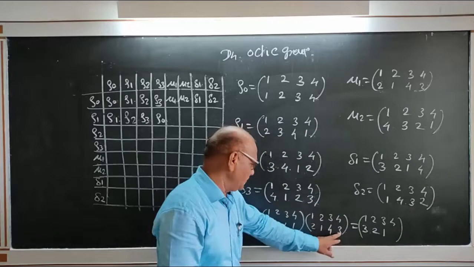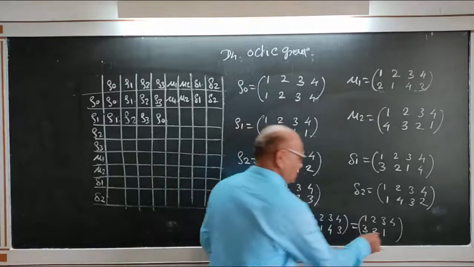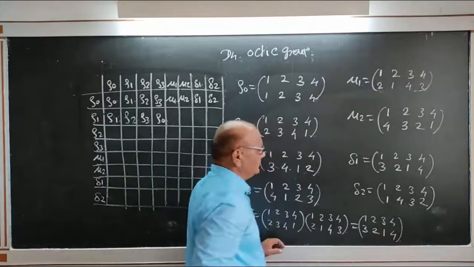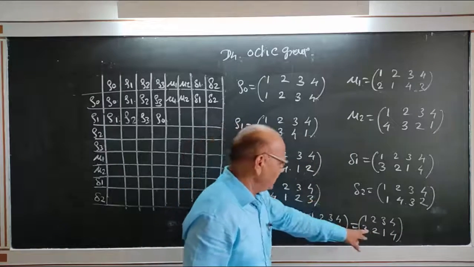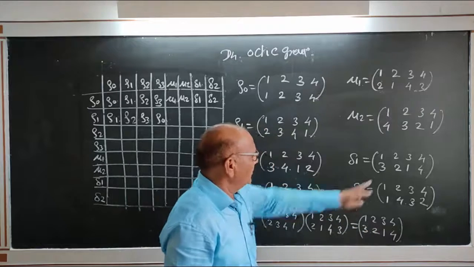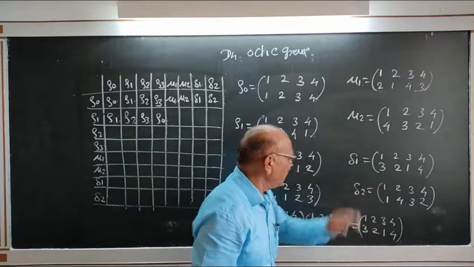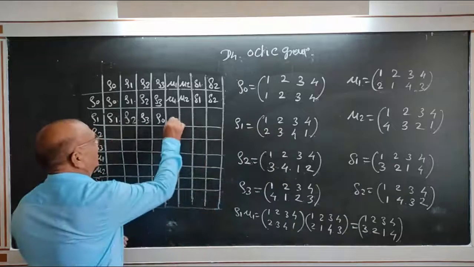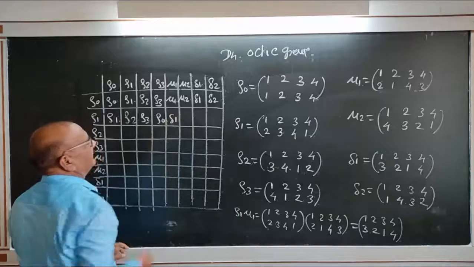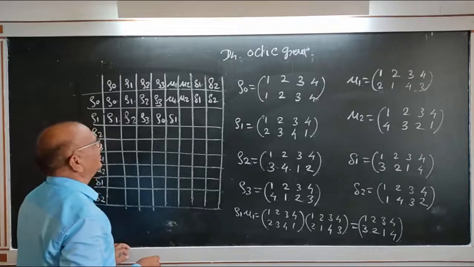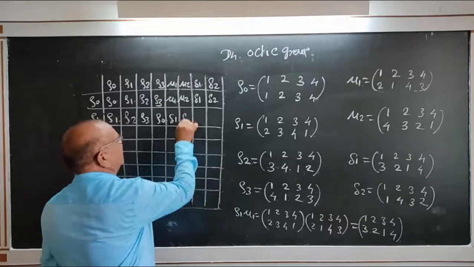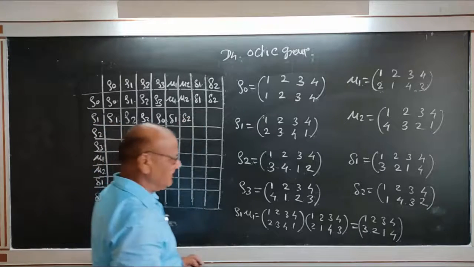Now 4 goes to 3, 3 goes to 4. See which element is coming: 3, 2, 1, 4. This is delta 1. Then this is delta 2. Now see here.